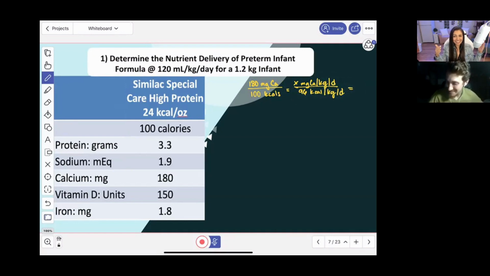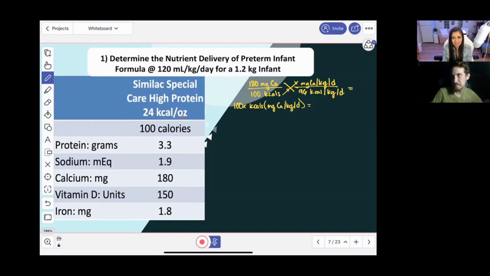All right. Now we're going to cross multiply, guys. So it's going to be 100x kcals, and then parentheses milligrams of calcium per kilogram per day. And it's going to equate to 180 milligrams times 96 kcals. So that comes out, it's a big number, but 17,280.